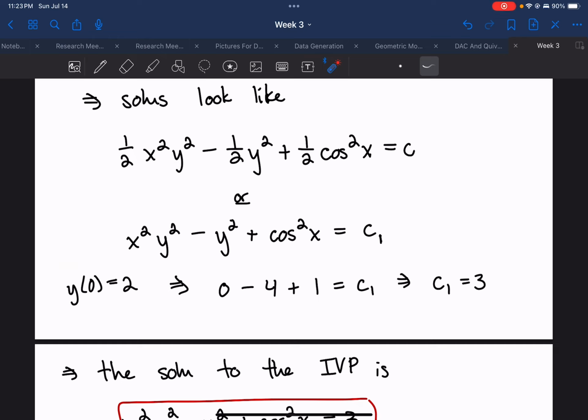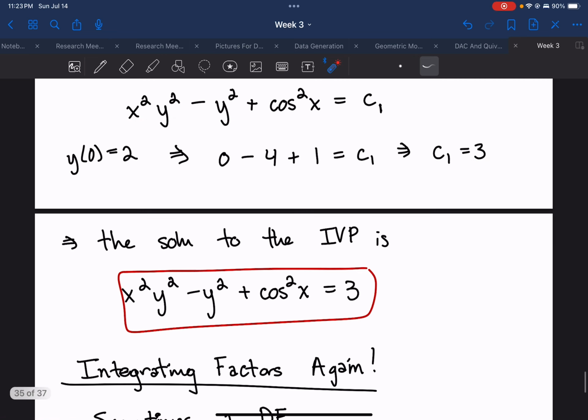I get 0, I get negative 4, and the cosine of 0 is 1. And that equals this constant, which means my constant here is 3. So therefore, the solutions to this initial value problem look like this: x squared y squared minus y squared plus cosine squared x equals 3.